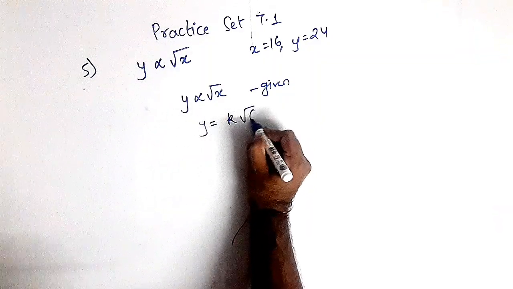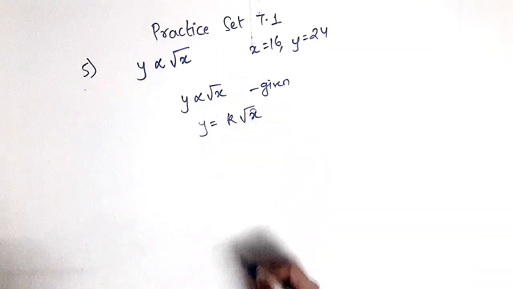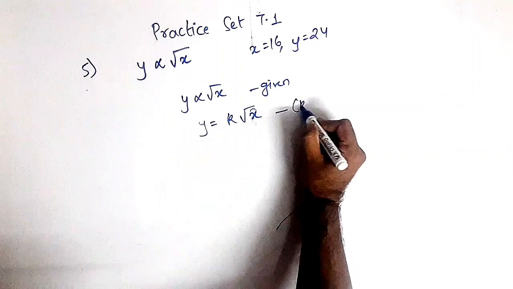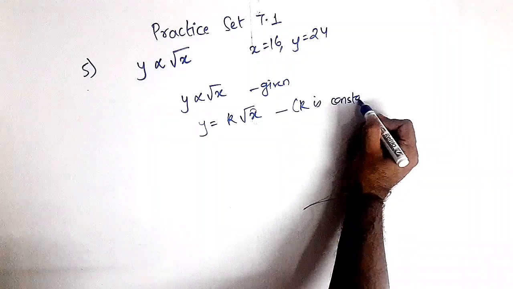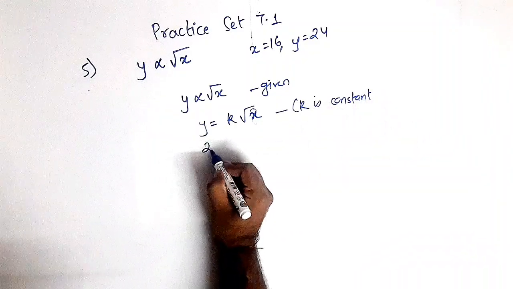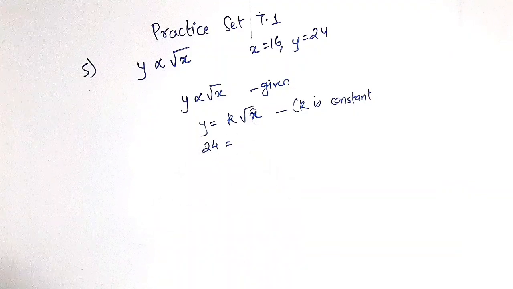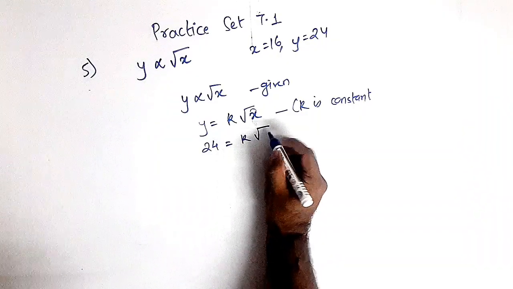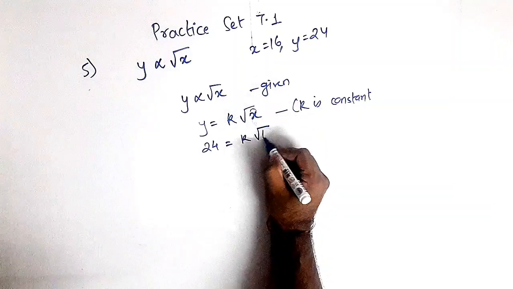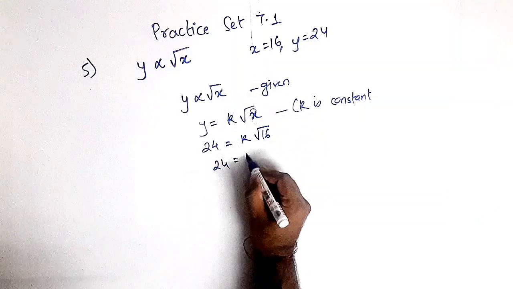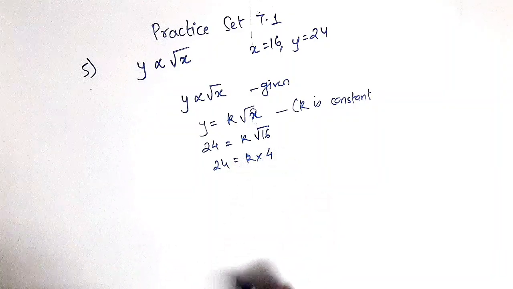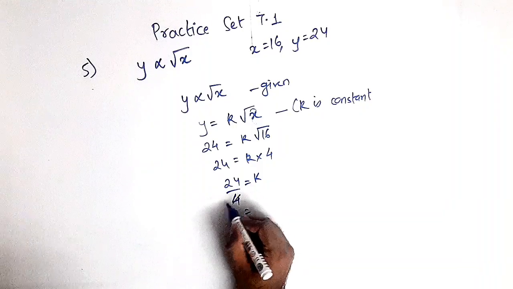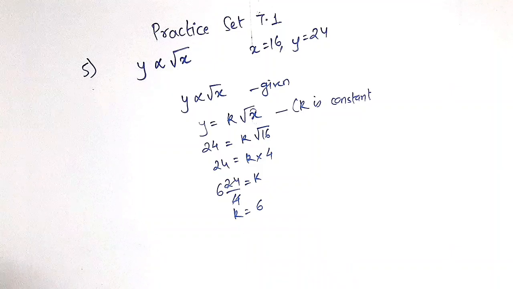Y is equal to k root x, where k is a constant. Now y is 24, k we don't know, and x is root 16. Root 16 we know is 4, so k is 24 divided by 4, which gives k is equal to 6.